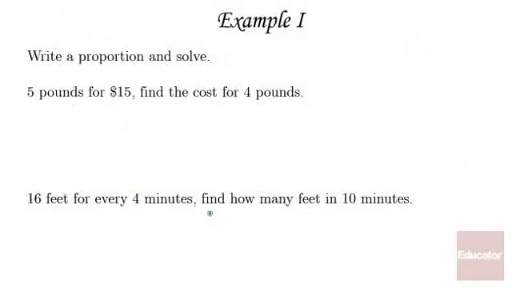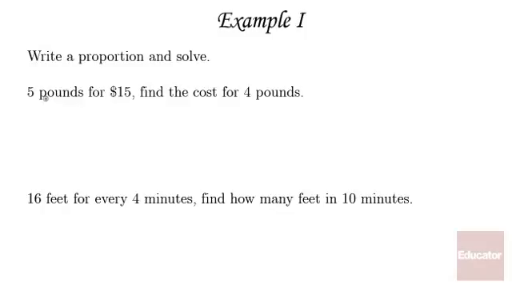Okay, so let's do a few examples. We're going to write a proportion and then solve them. So 5 pounds for $15. Find the cost for 4 pounds. So I want to first create a word ratio. What am I comparing?